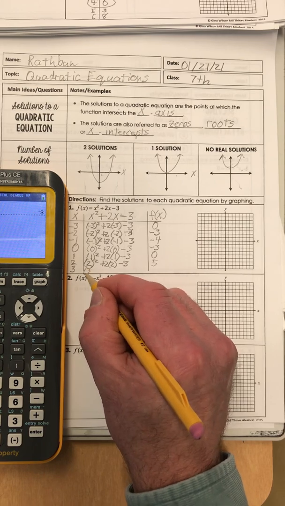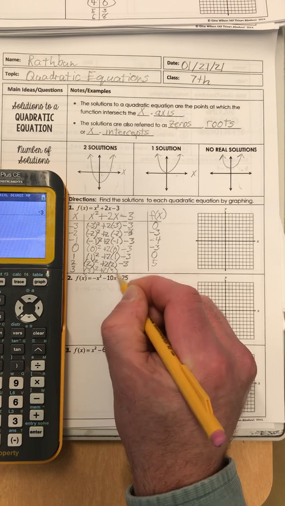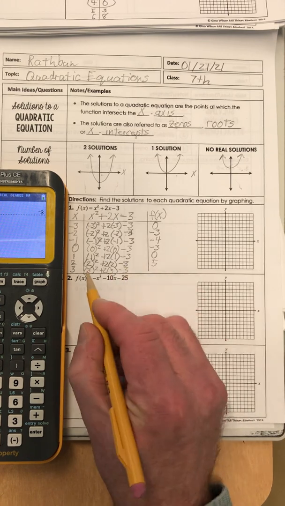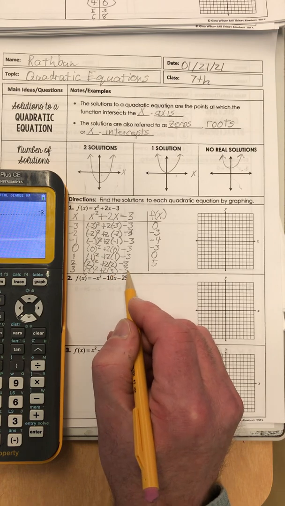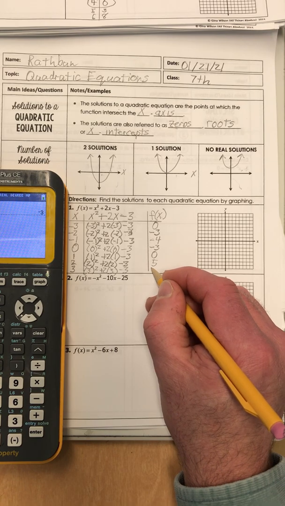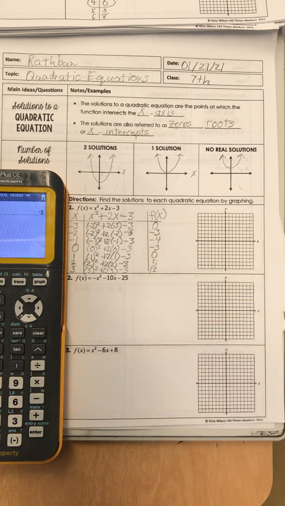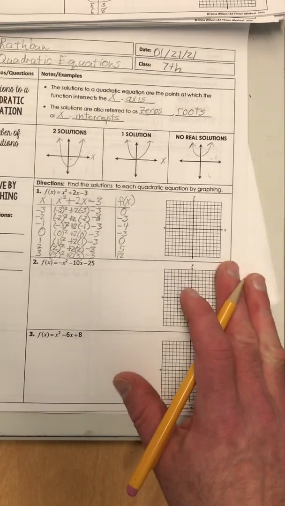And 3 squared plus 2 times 3 minus 3. Okay, so 9 plus 6 is 15. 15 minus 3, 13 or 12? 15 minus 3, 12, yeah. Okay. So I've got my table now.